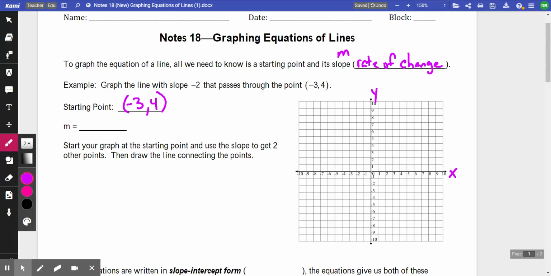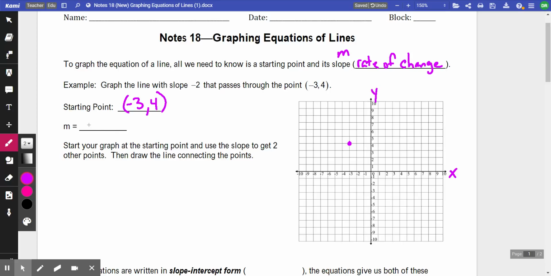So when it says -3, you go over to -3 on the x-axis. 4 means you go up to +4 on the y-axis, and where those intersect is where your ordered pair is located. So we have an ordered pair at -3, +4. Here is where we plot a point. This is where we start.